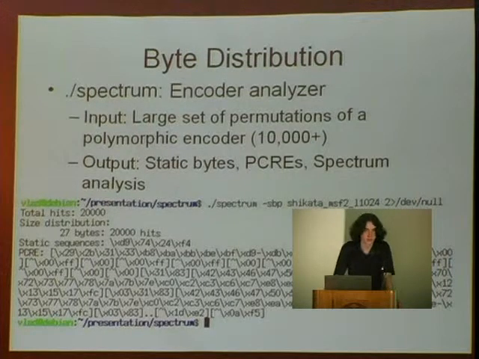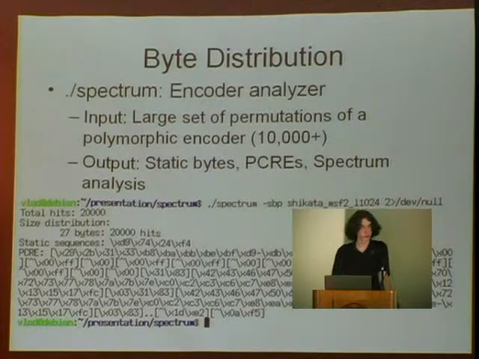To look at this, I built a small program which I've encoded in the code.tar.gz file for this presentation. It's essentially a polymorphic encoder analyzer. It's just a very simple program. The input is a large set of polymorphic encoders. So, for example, if I run Shikata Ga Nai, you get tens of thousands of possible permutations of this encoder, and you just put them all in a file.